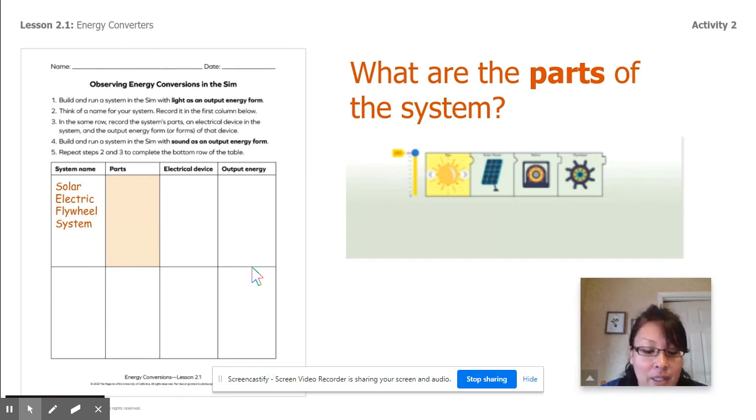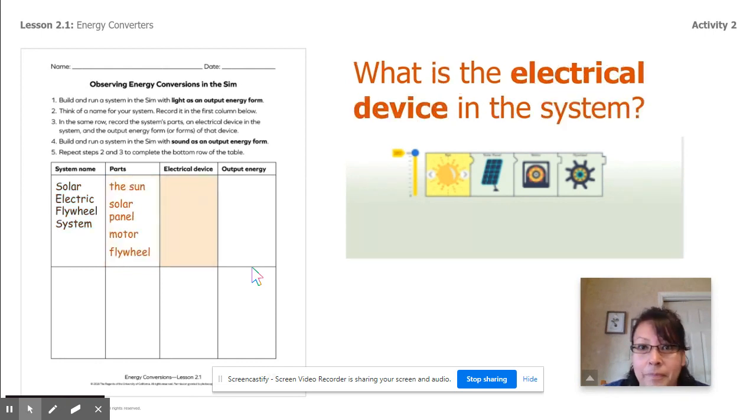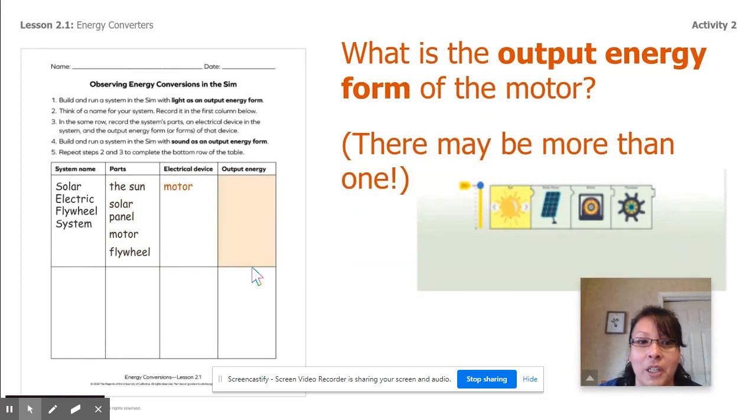You are correct. The sun, the solar panel, the motor, and the flywheel. Nice job. What is the electrical device in the system? Do you know? Yep, it's the motor. Yes, nice job. So we're going to go ahead and put motor, an electrical device.